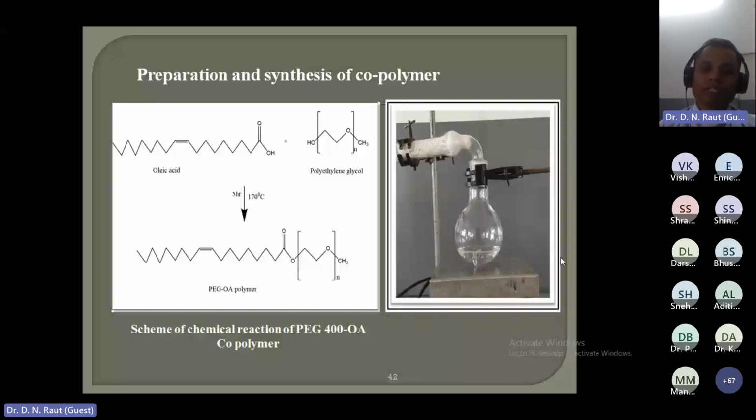As you increase the size, its hydrophilicity decreases. Depending upon the drug we want to incorporate, we can choose that particular PEG grade. Here we have used oleic acid as well as PEG to make a combination, so that it could have a self-assembly structure and we could incorporate the drug into it.